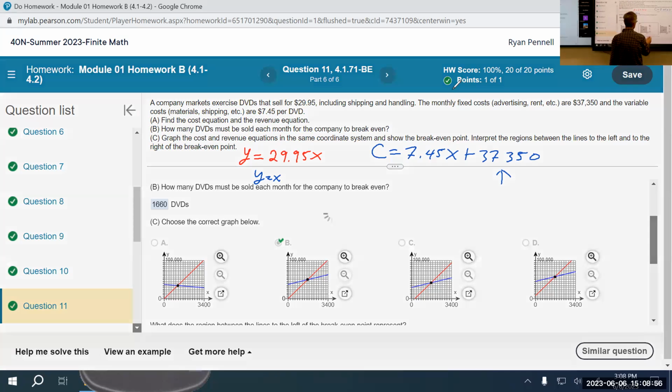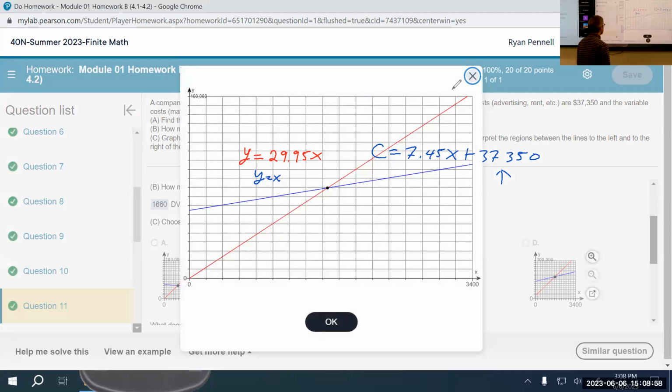Now I chose this one. Let's see if I can justify it. I will say you got to really watch how the units are working. But this is 3,400 at 10, 100,000 there. So I think this has to be it. We see the red is the y equals x.